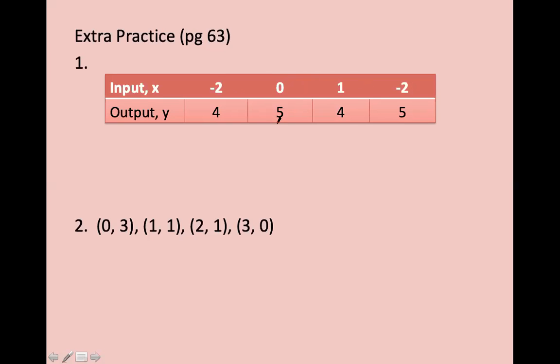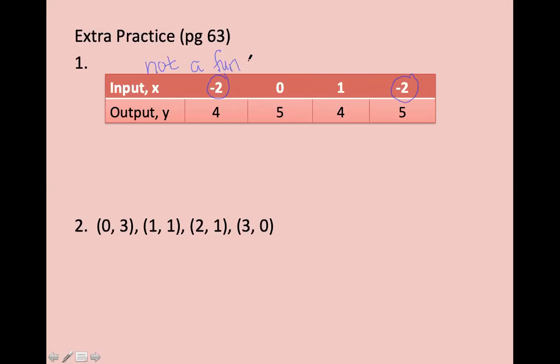Notice we do have some y values repeating, but that doesn't matter. What matters is whether or not our x values repeat. Since I have -2 here and -2 here, this is not a function. It's a relation, a set of ordered pairs or a table, but it is not a function.